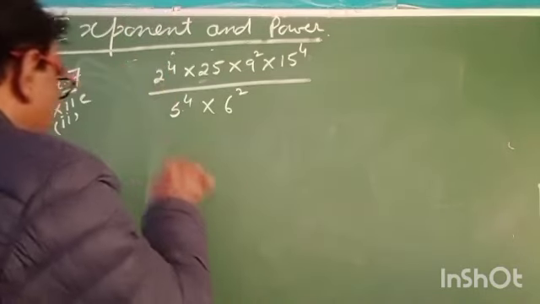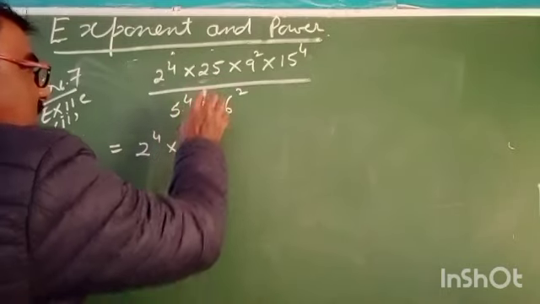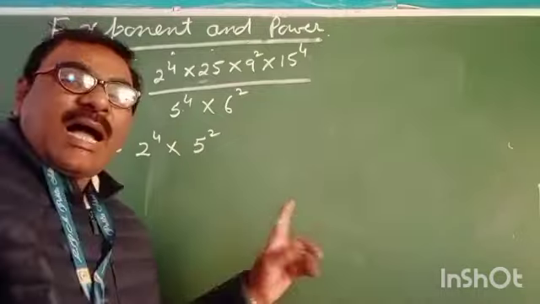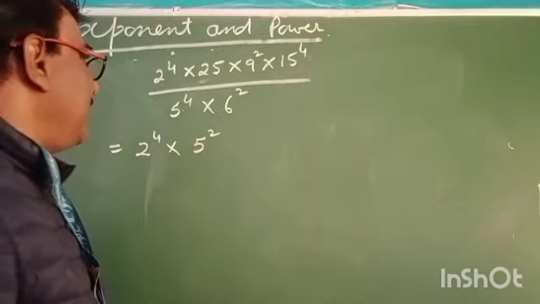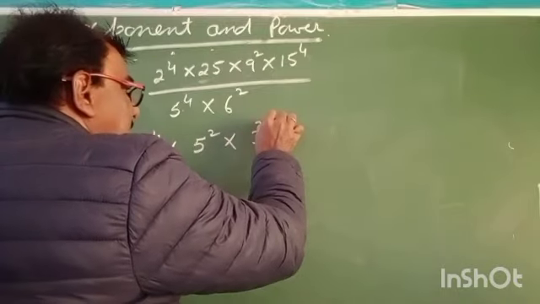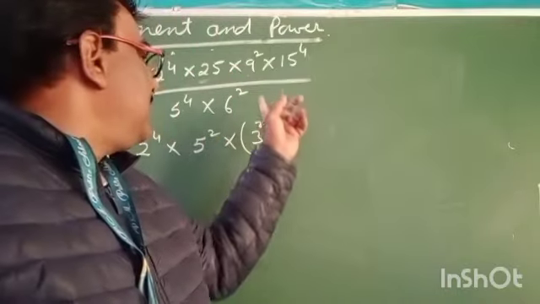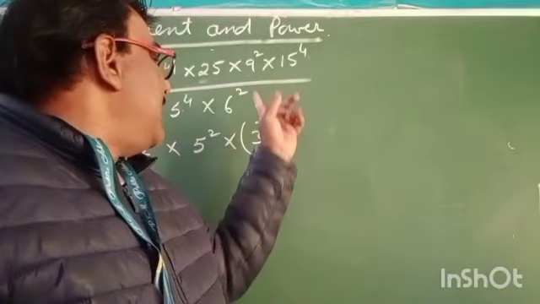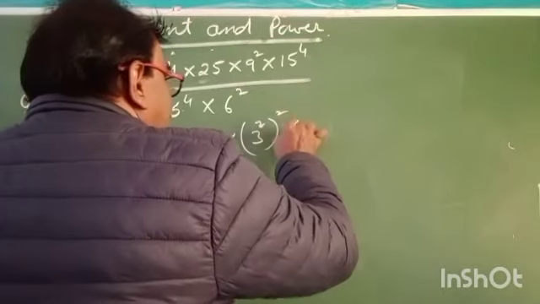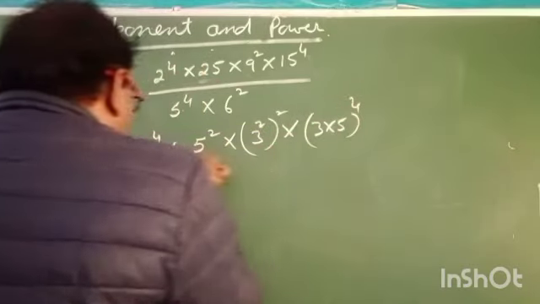So first, 2 to the power 4 multiply, here is 25, so I will write 5 square, because 5 multiply 5 is 25. Here is 9 square, so we write 3 square whole square, because 3 multiply 3 gives 9. So 3 square whole square multiply 3 multiply 5 whole to power 4.